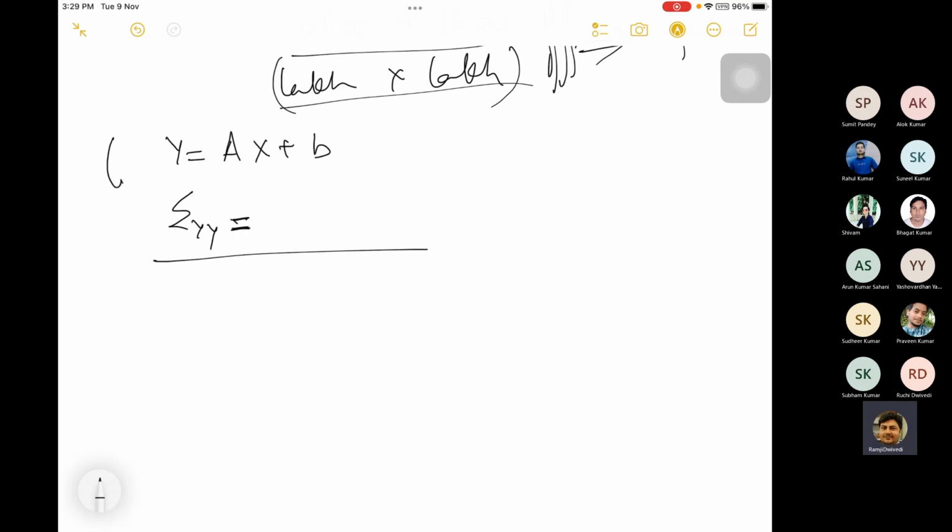If you know the linear version is this, bataiye Sumit, how do you write sigma yy? Just go back to your error propagation basics. In case of linear models, how to write the error propagation distribution.